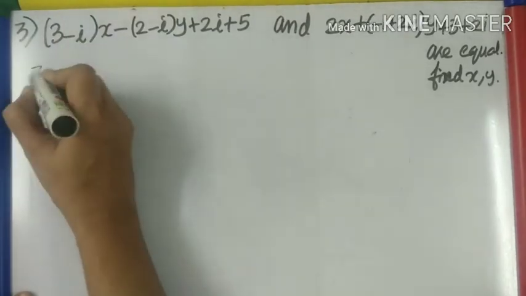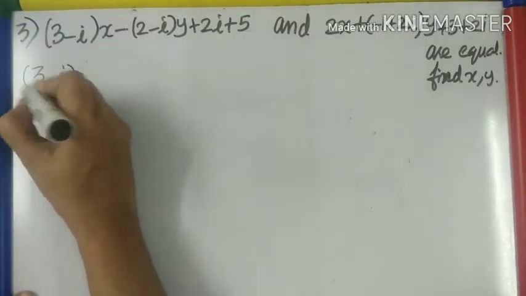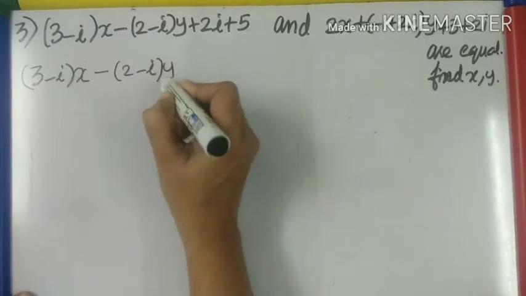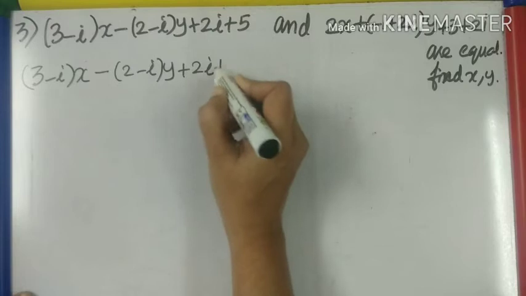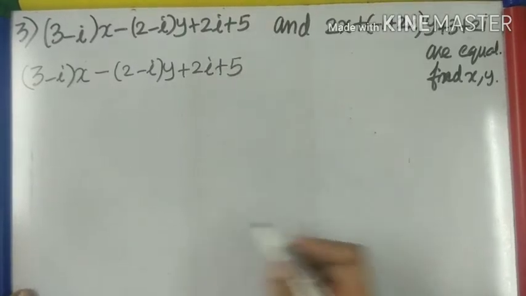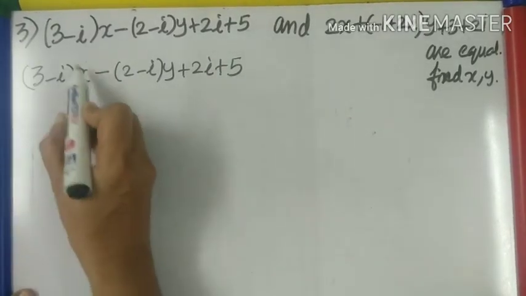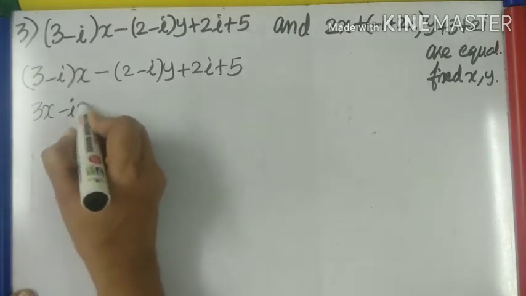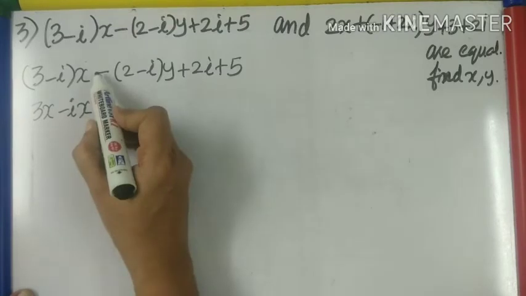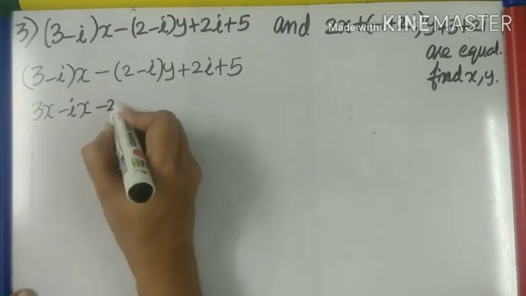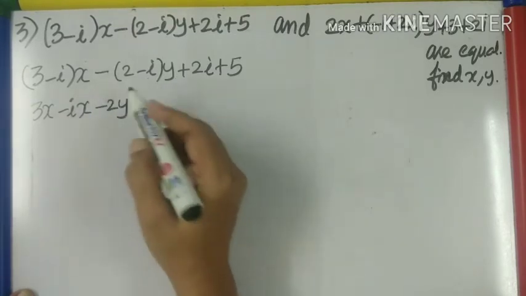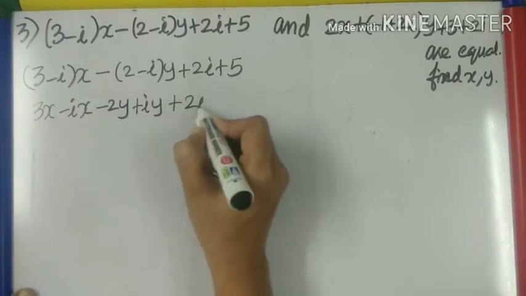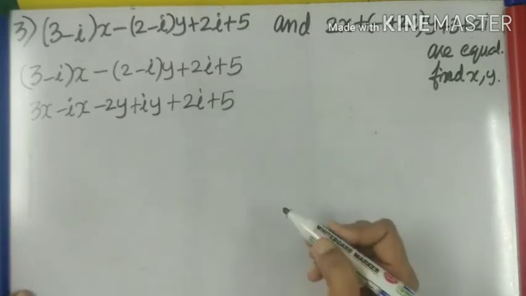So, take this one. 3 minus i into x, minus 2 minus i into y, plus 2i plus 5. Simplifying this, let us first multiply. 3 into x, minus i into x, minus 2 into y, minus into minus plus iy, plus 2i plus 5.